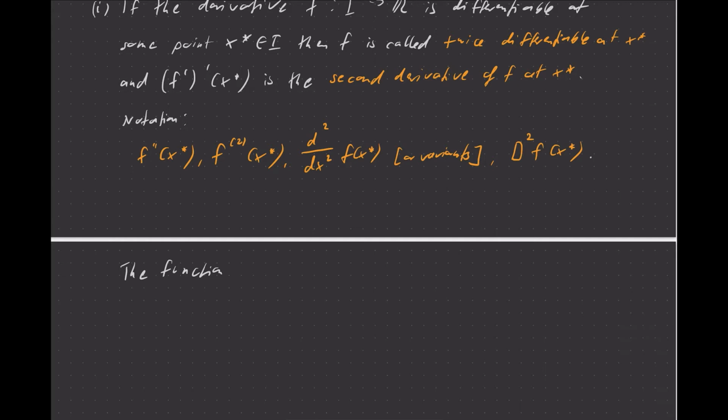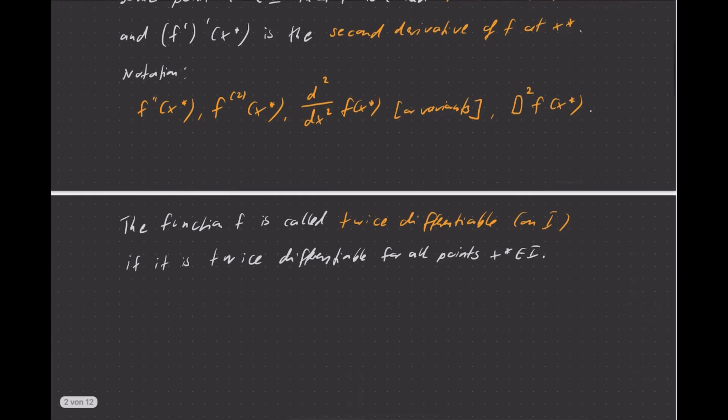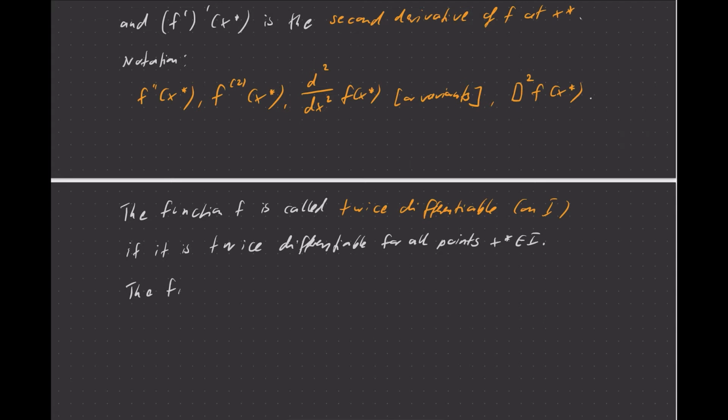The function f is called twice differentiable on I, or just twice differentiable, if it is twice differentiable for all points x star in I. And the resulting function that is then usually written as f double prime.